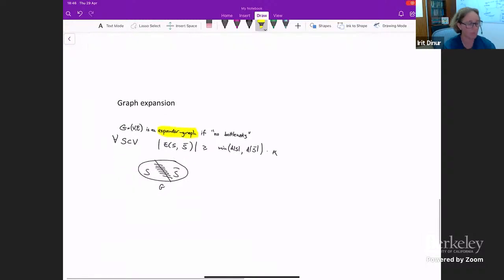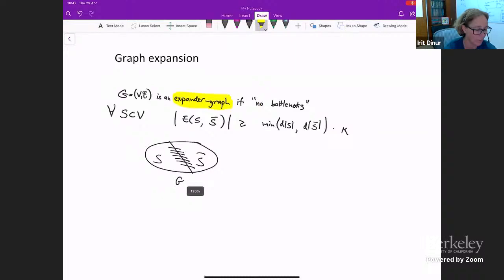Before I move on to talking about the hardness and what instances are hard, I just want to say what is the property that I will be most interested in when I study the structure of different instances, and this will be the property of graph expansion. If you're given a graph with vertices V and edges E, we say that it's an edge expander if it has no bottleneck.